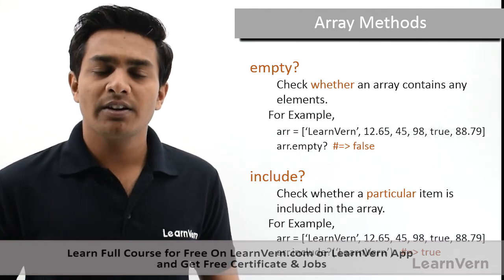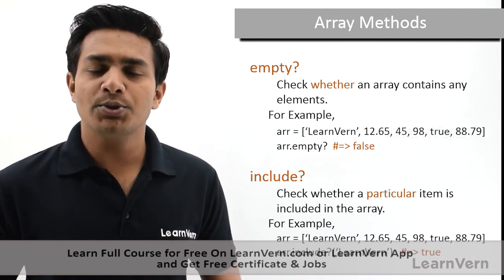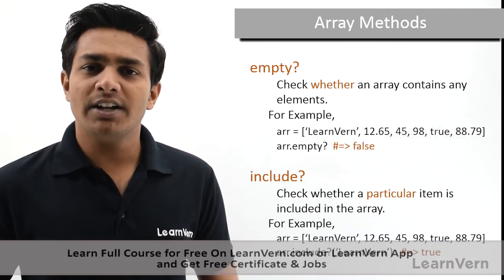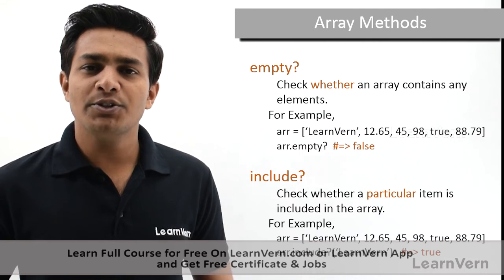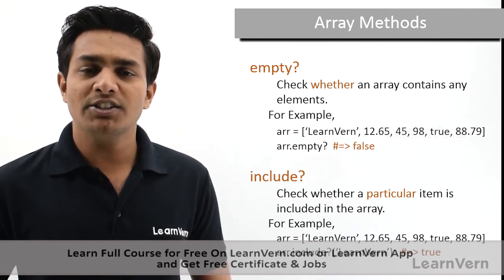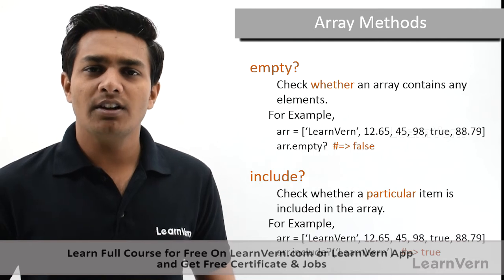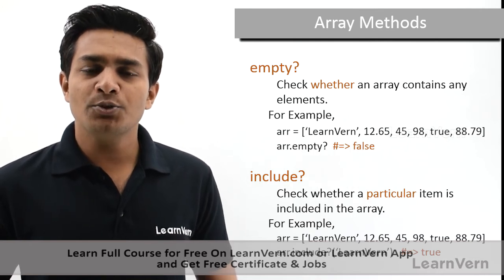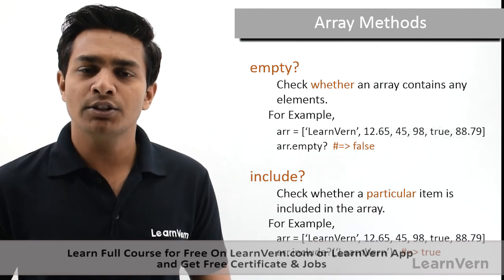Now I want to check whether a value learn1 exists into my array or not. So for that what I need to do is I need to write the array variable name, that is arr, here dot include method followed by a question mark, and I need to pass one argument, that is learn1, that I need to find into my array, and here learn1 includes into my array elements. So that's why this include method returns true.